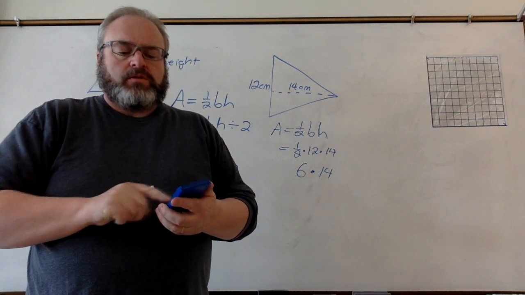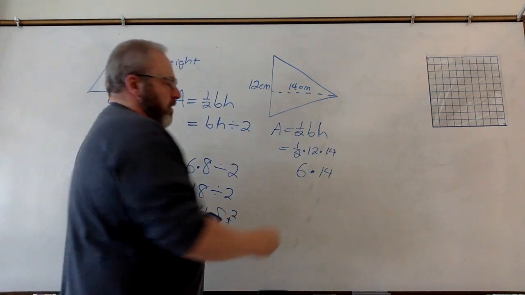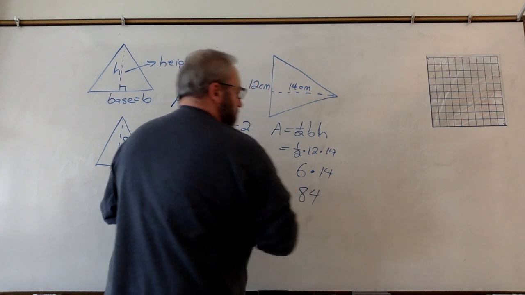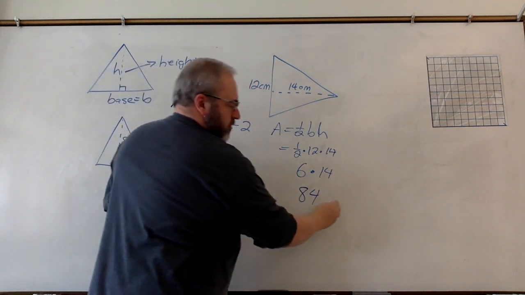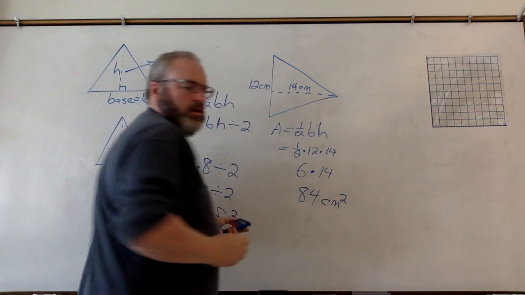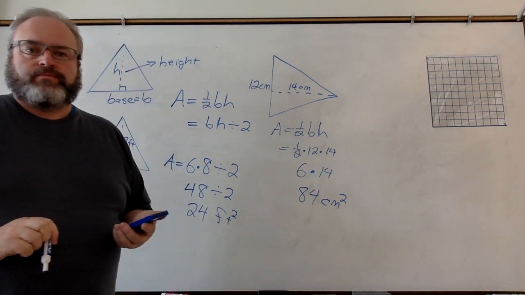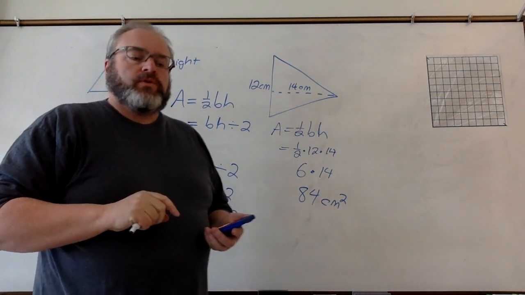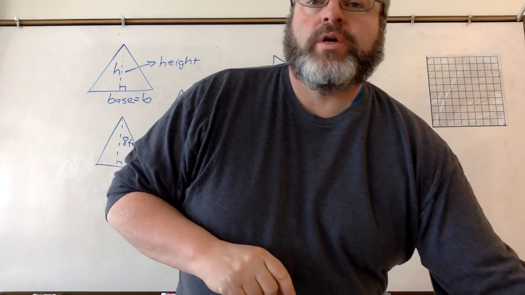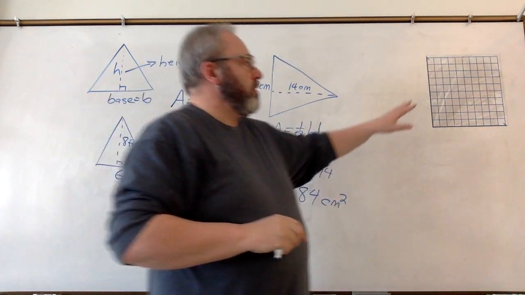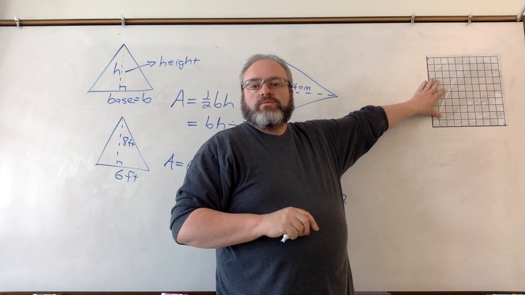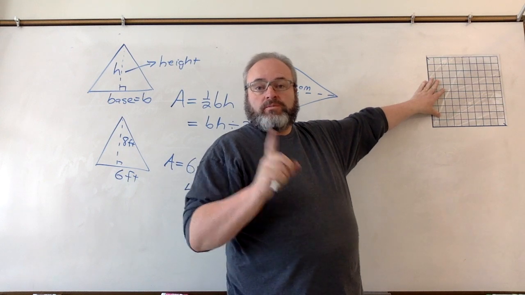At any point you need to use your calculator, go right ahead. 84. This is centimeters. 84 square centimeters. Now, you may have some problems where you're not given the measures, but you're given the triangle drawn on a grid. So let me show you how that works.